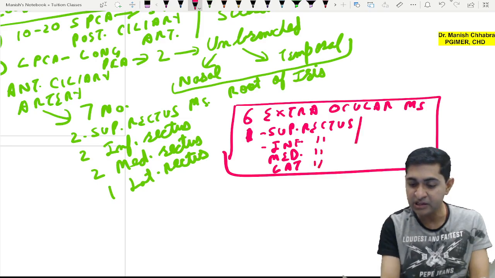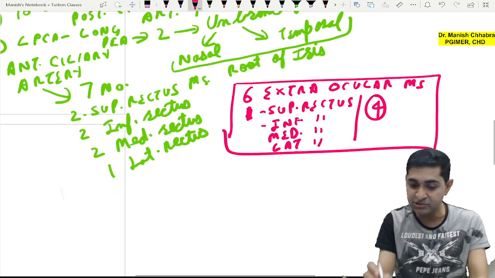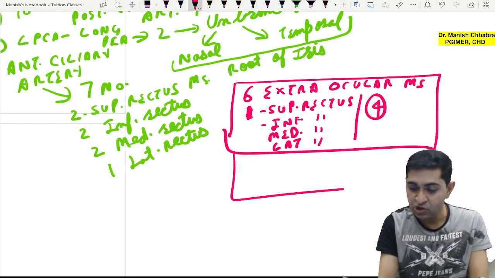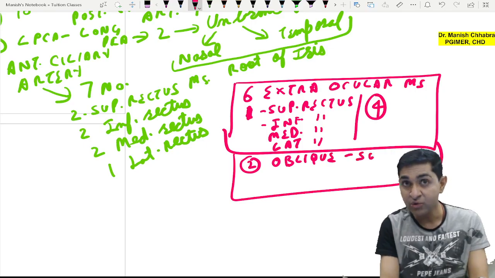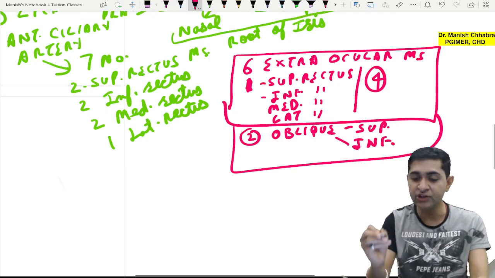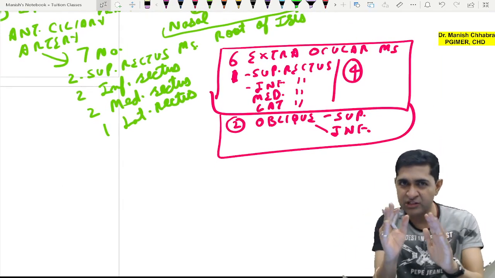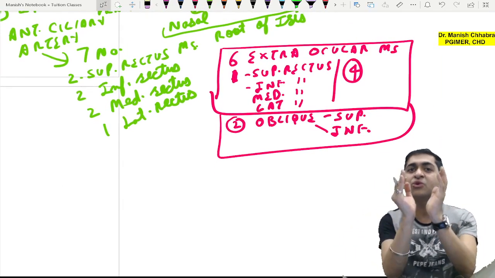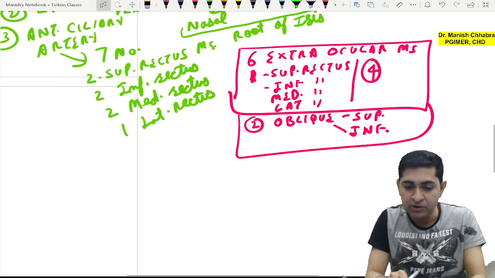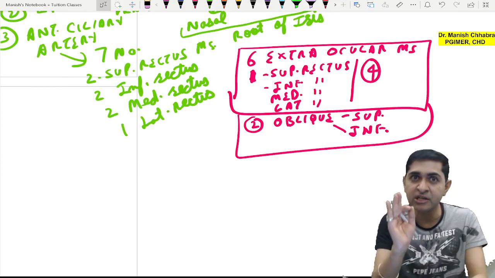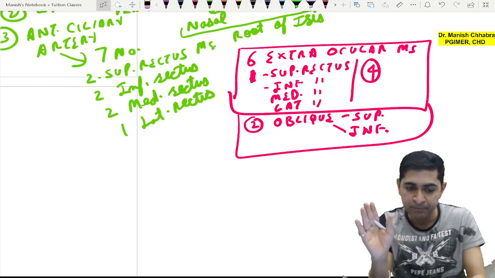So basically 4 are your rectus muscles and 2 are your oblique muscles, which are your superior oblique and inferior oblique. Just for reference, we'll be doing everything in detail, don't worry at all. Okay, so this is about the blood supply of uvea.